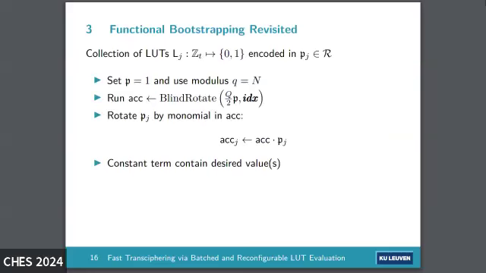First, we're going to briefly revisit functional bootstrapping. So suppose now that we have a single lookup table mapping from a plaintext space with t entries to a bit. Now, to evaluate this, we can actually set the accumulator polynomial for the blind rotation to 1, so just a scalar, and use a modulus equal to n.